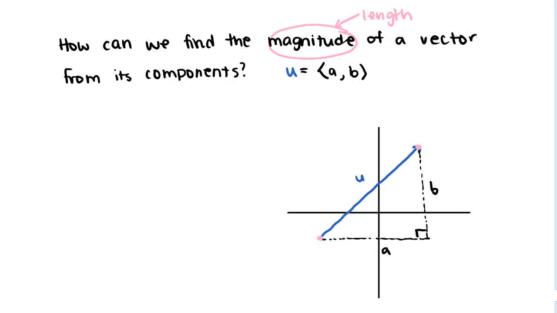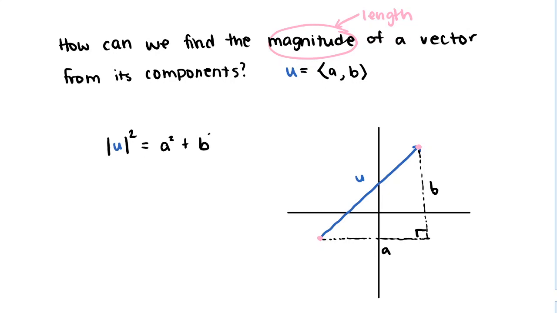So how do we find this magnitude? Well, here we can see this right triangle that fits in this picture. And really the magnitude of the vector is the same as the length of this hypotenuse in this right triangle. And so we can use the Pythagorean theorem to find the magnitude of this vector. Right, so if I write down the magnitude of the vector, or in other words, the hypotenuse of this triangle, we know that the hypotenuse squared is equal to the square of the leg lengths added together.